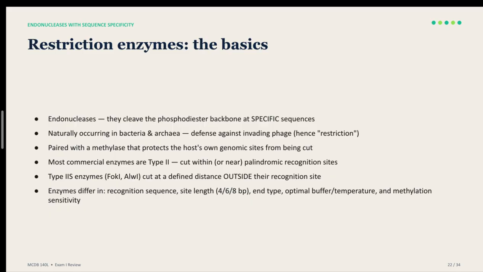A double digest means you're using 2 enzymes, and these 2 enzymes natively operate at different optimal conditions. So a compromised buffer is just how they optimize the activity of 2 enzymes while keeping the environmental conditions the same. Cool.